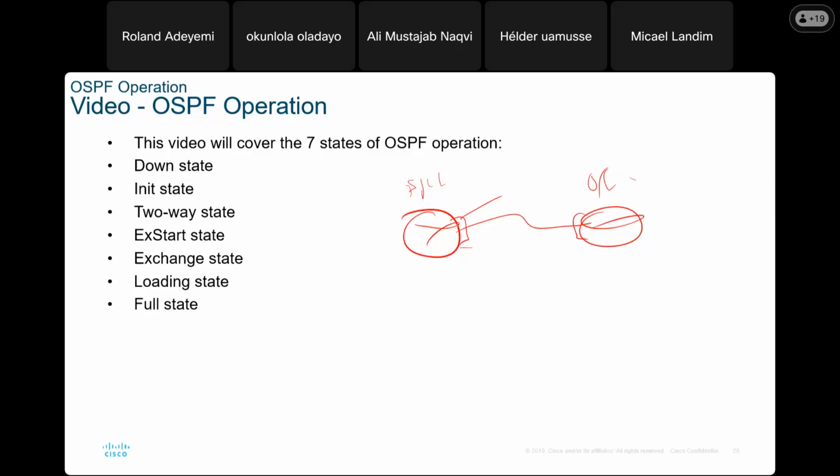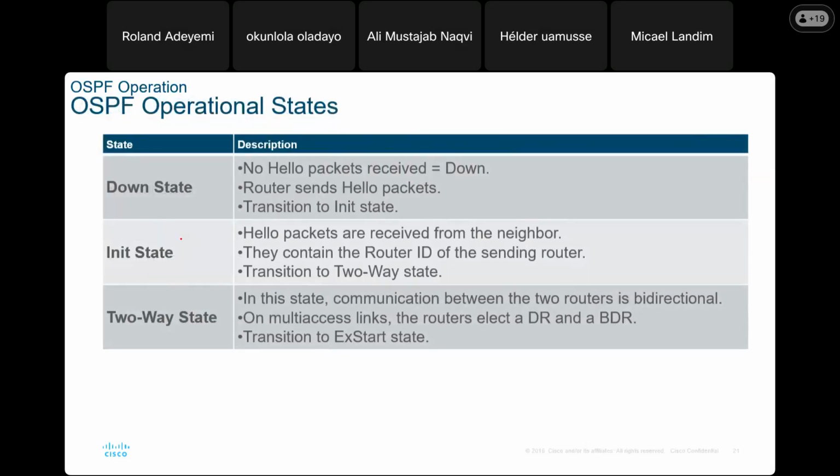The moment you activate the interface, they move from down to init state. From init to two-way, from two-way to ExStart, from ExStart to exchange, from exchange to loading, from loading to full state. So what happens at the down state?